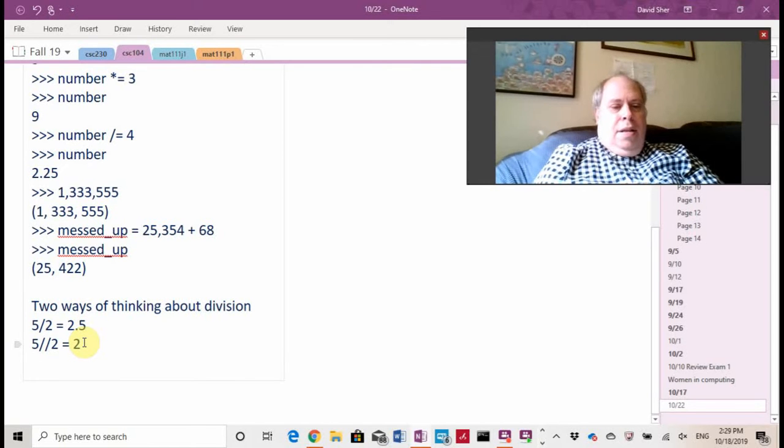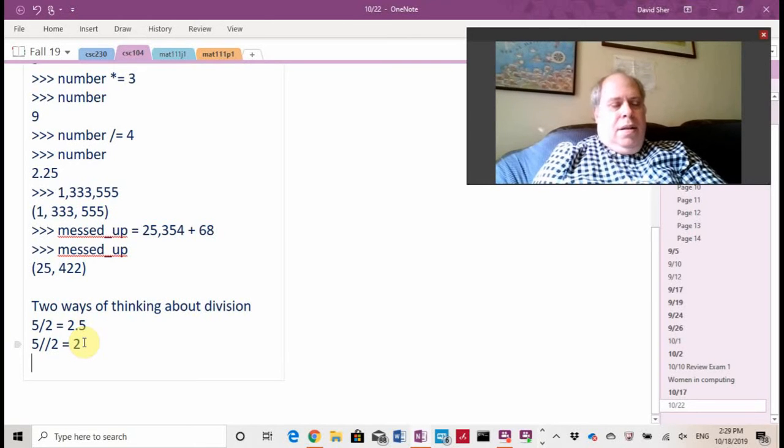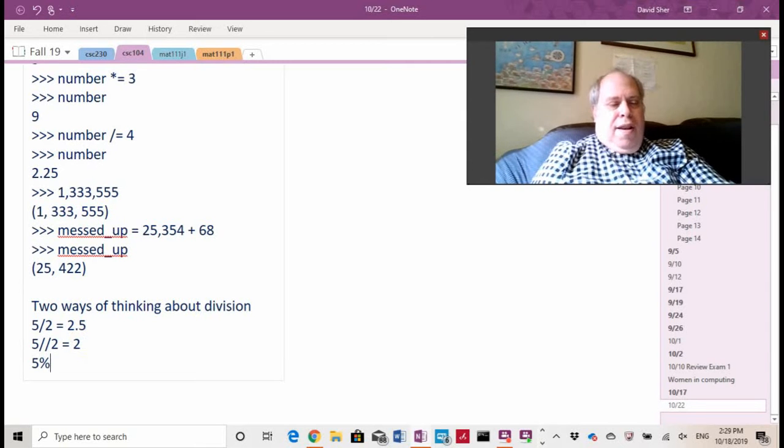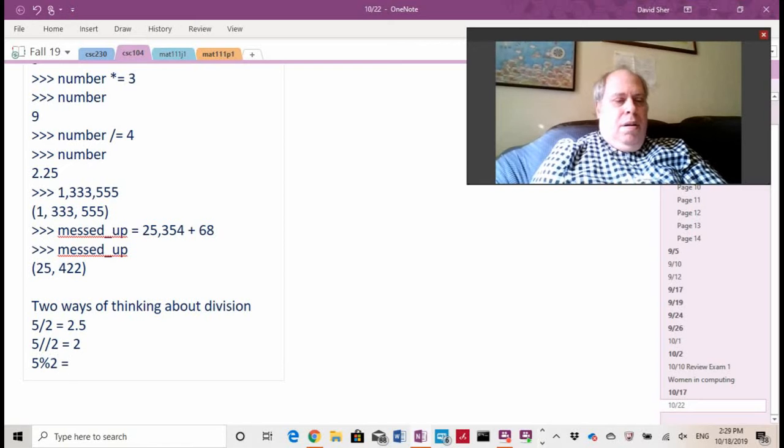If you do 5 % 2, you get 1. That's the remainder.